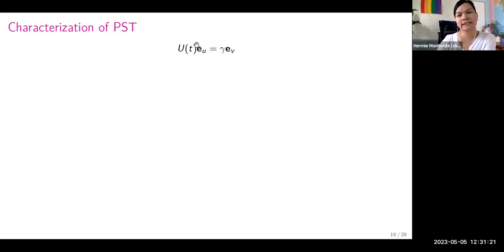We've seen a while ago that the existence of PST is equivalent to this equation being satisfied: the quantum state at vertex U is mapped to vertex V at time t with some complex phase gamma.